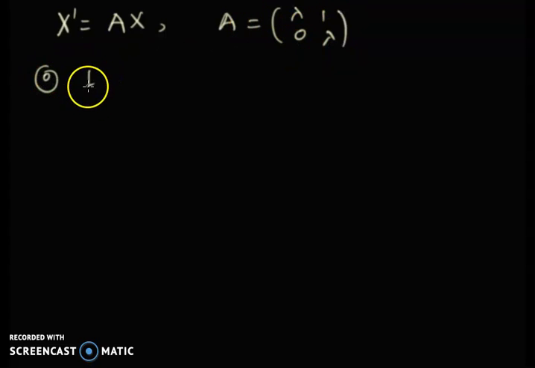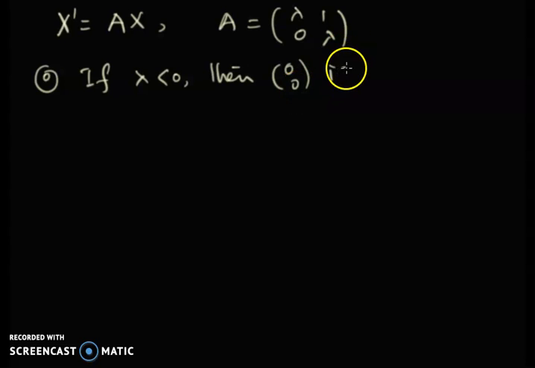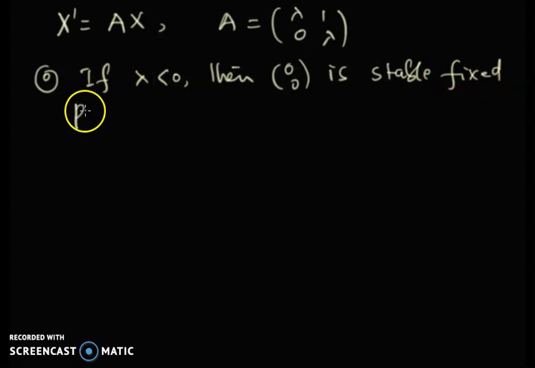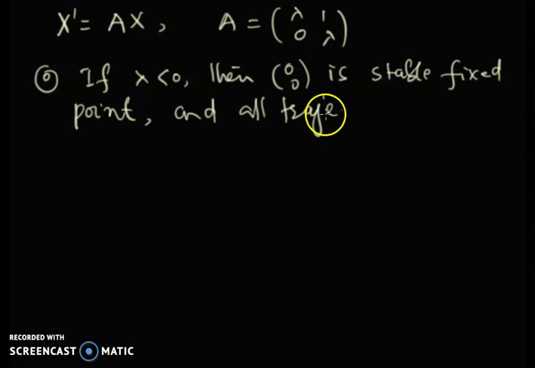For the system x prime equals Ax, with A being (lambda, 1; 0, lambda): number one, if lambda is less than 0, then (0, 0), the origin, is a stable fixed point, and all trajectories tend towards (0, 0).